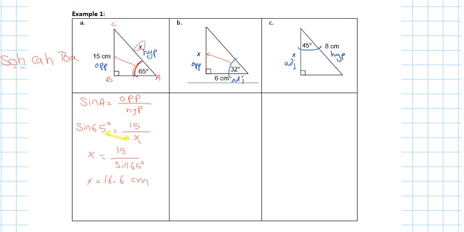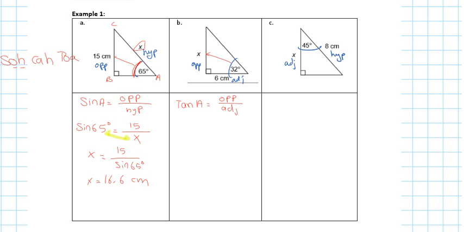So what trig ratio do I use with opposite and adjacent? Tan. TOA. Okay? So tan of the angle is equal to opposite over adjacent.